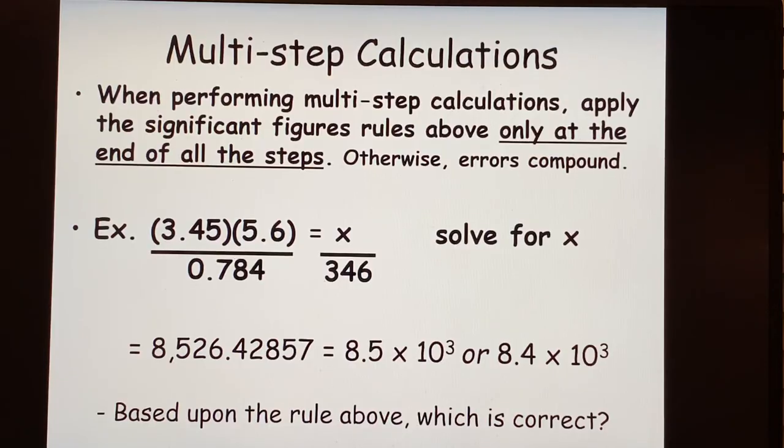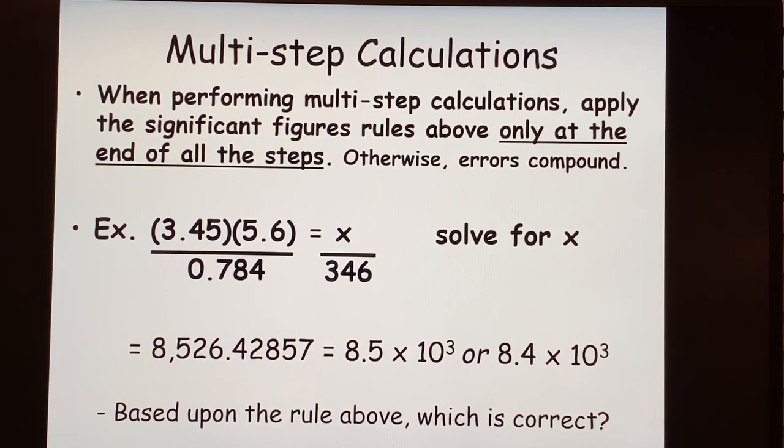Here's a very simple example. In the future, we're going to be doing multi-step calculations, just like the title says. And if we applied these rules at every step, we'd make mistakes. So we don't apply the rule until the very last number, okay?